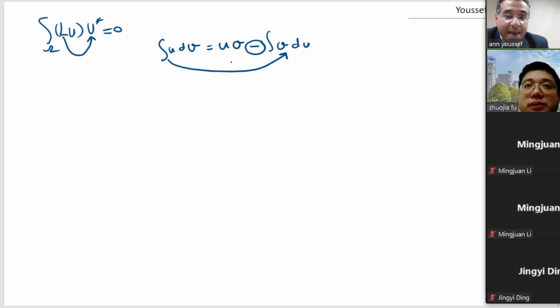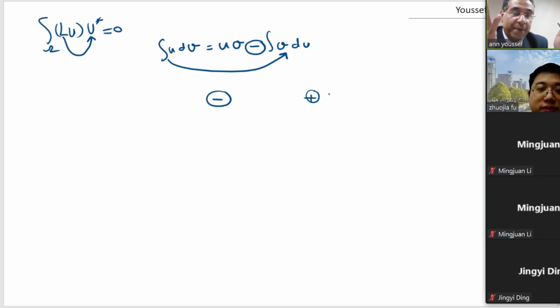So if we applied the integration by parts one time only, we end up with a minus sign. If we swapped it twice, we end up with a plus sign: minus minus gives plus. As long as we have 2 derivatives, we end up with the same operator.